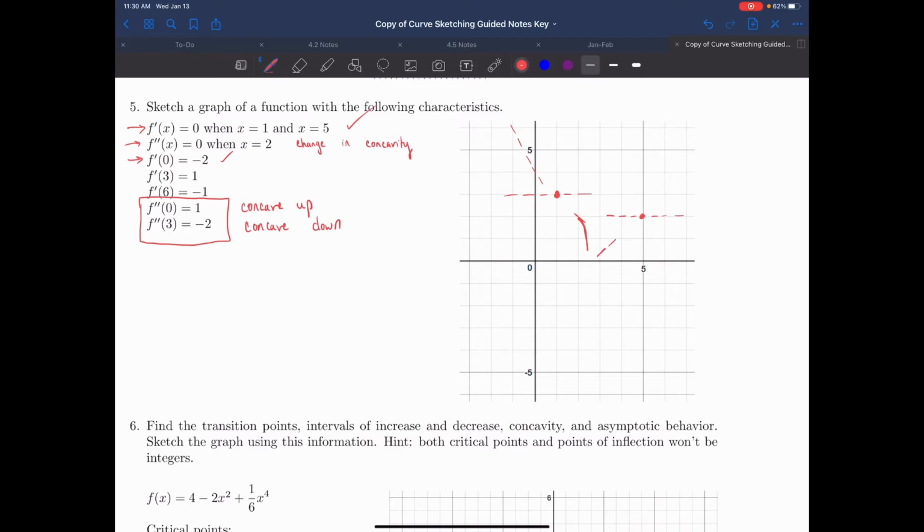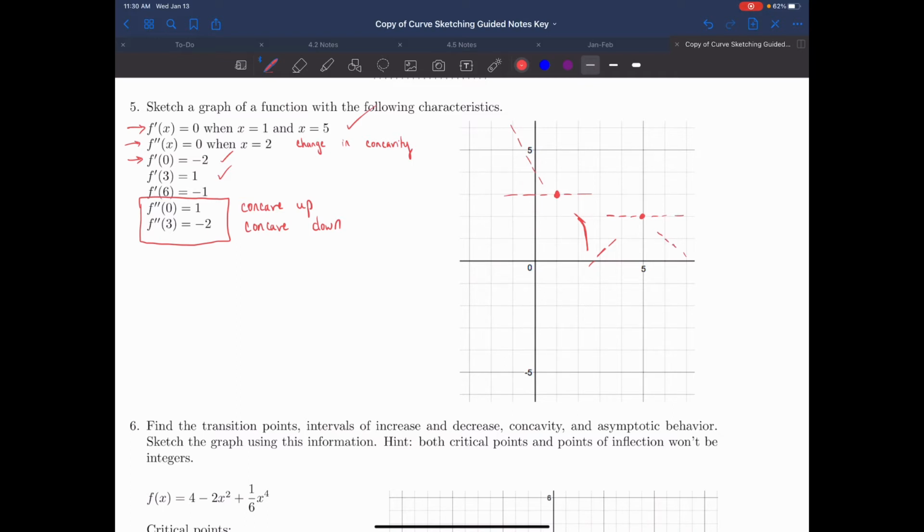Again, this represents the slope, the dashed lines, and then I'll sketch around these things. The slope at 6 is negative 1. So at 6, I have some slope of negative 1. And maybe that picture's starting to make sense to you.